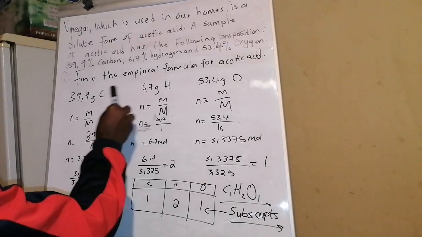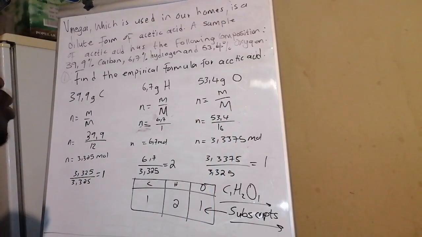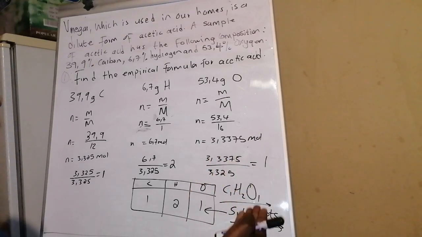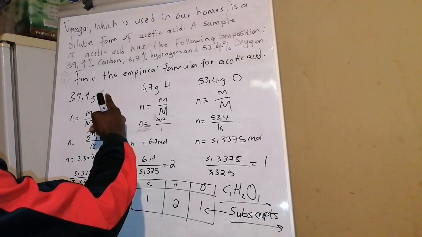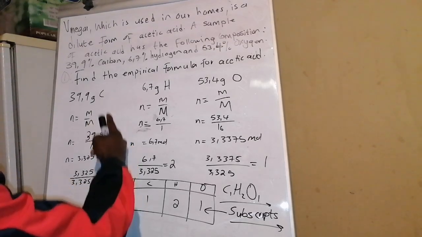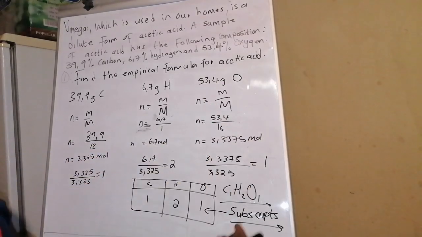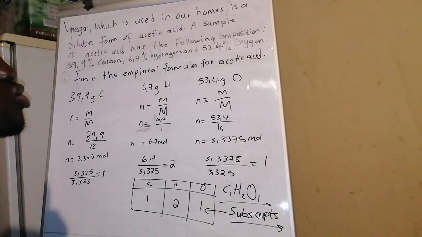Now we use the elements to show how they are combining, so that we can get the empirical formula, since we say that the empirical formula is the simplest relationship in which atoms combine. So this relationship is shown after finding the empirical formula, because we showed how carbon combined with hydrogen and oxygen to form CH2O, or the empirical formula for acetic acid, which is CH2O or C1H2O1. So I hope you understand this.